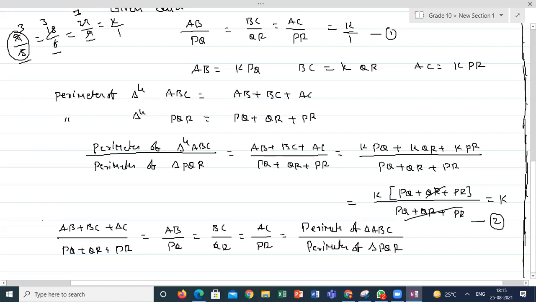This is how I can prove the ratio of the perimeters of two similar triangles is equal to their corresponding sides ratio. Is it clear, guys? Students, are you clear what I'm saying?